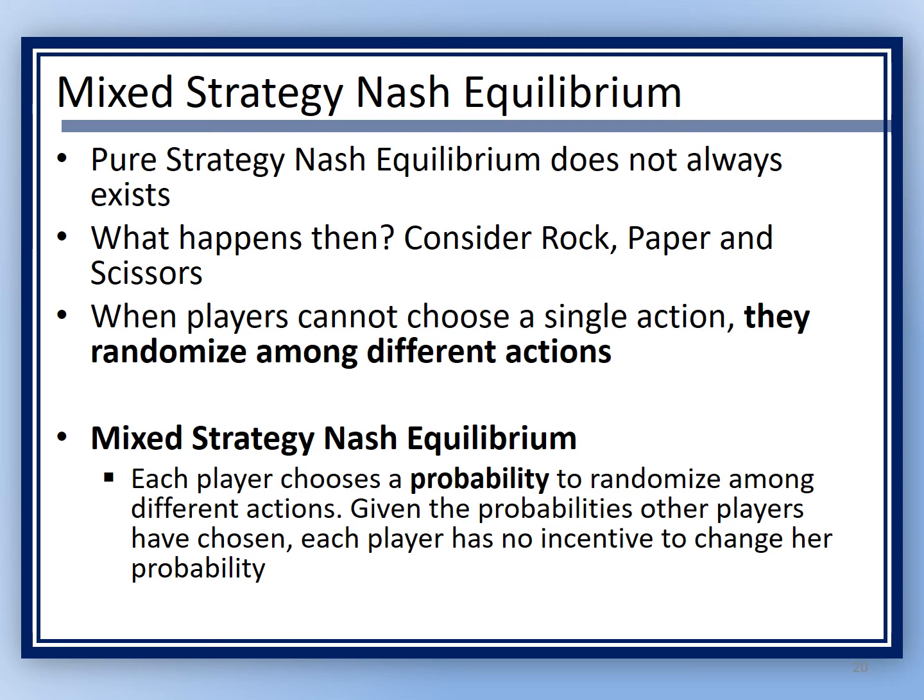Mathematically, you can prove that this is actually true. Which is why you can play rock, paper, scissors. Because in rock, paper, scissors, there is a certain ratio in which, when you use it, you don't want to change.